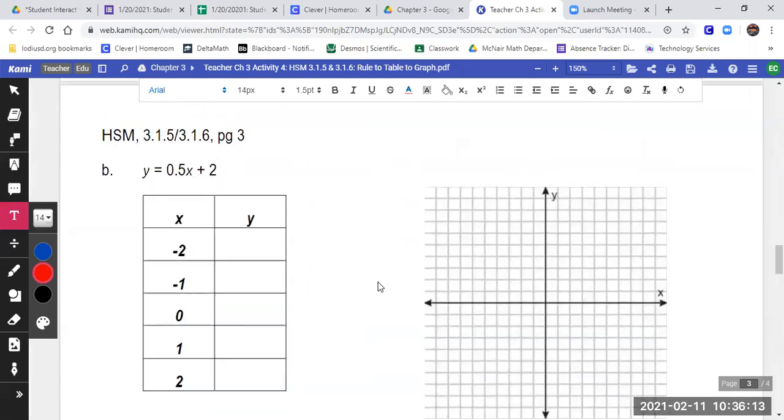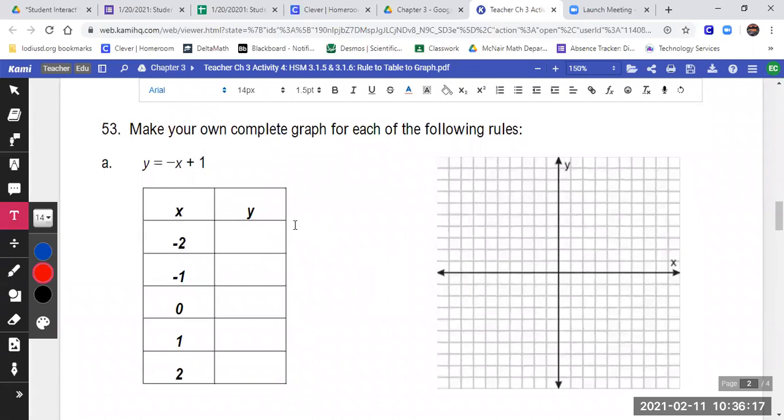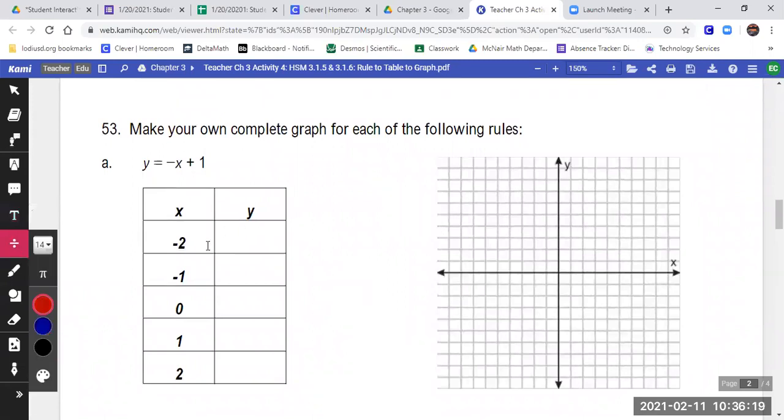So I will show you how to fit it in the first one, and you guys are working on the rest. I would go ahead and have my equation box. And this says that it's a negative of -2, and I have to add 1 to it. What's a negative of a -2?